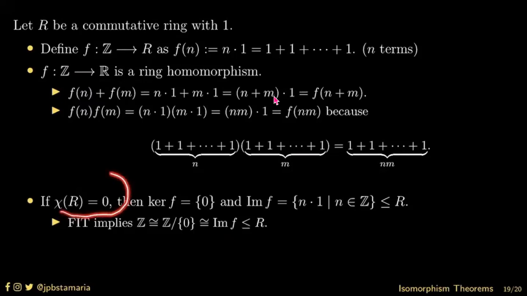When R has characteristic 0, the conclusion is that R has a subring isomorphic to Z.